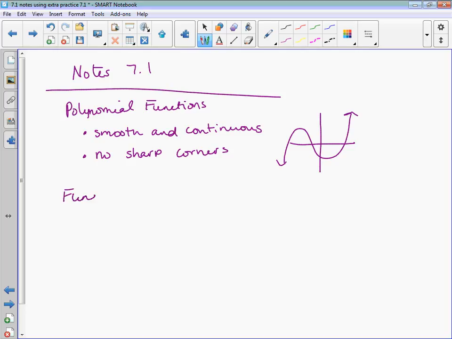We're going to look at the fundamental theorem of algebra.